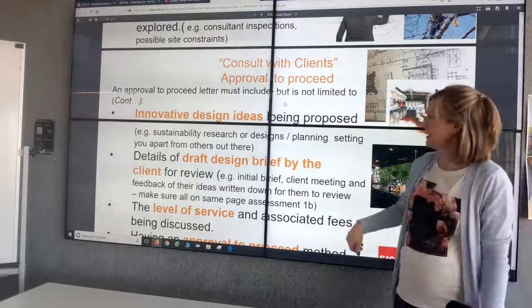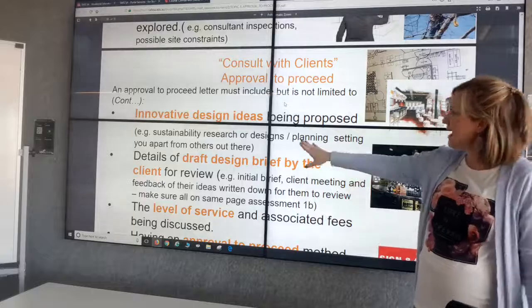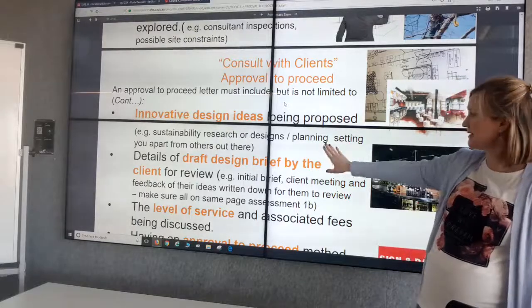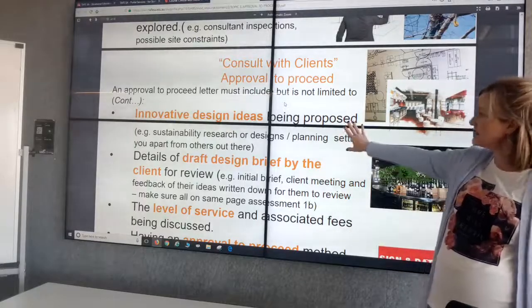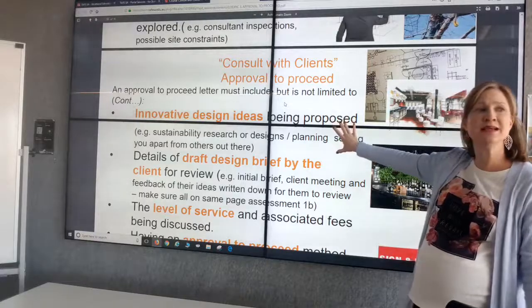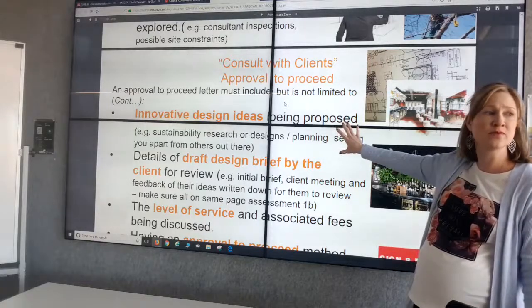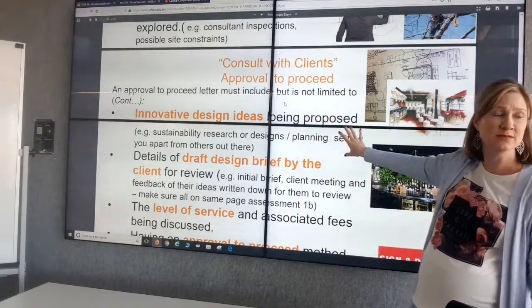Innovative design ideas being proposed. Sustainability research of designs, planning, setting you apart from others. This part here is crucial in meeting the needs of the client. This is a part of a requirement in the approval to proceed. Okay?